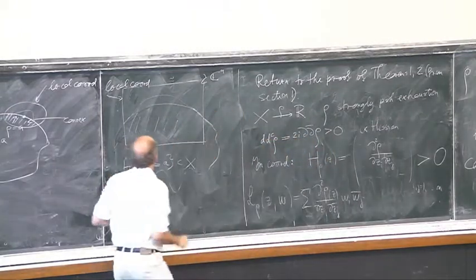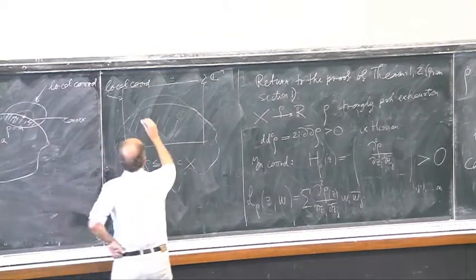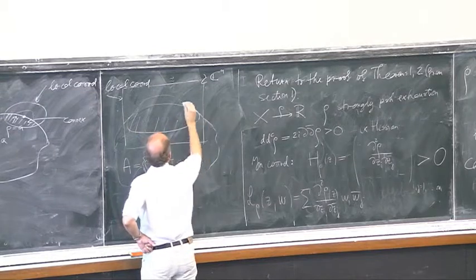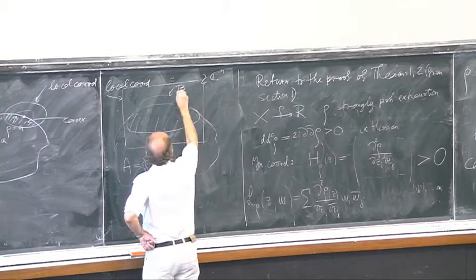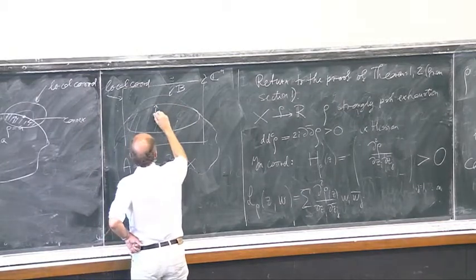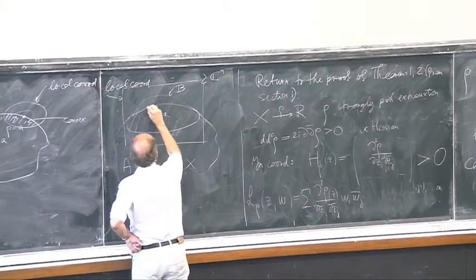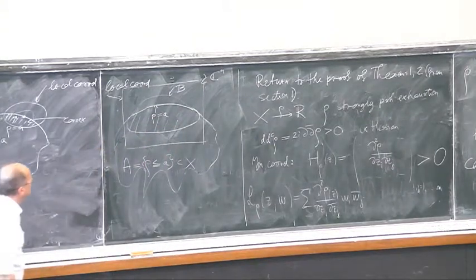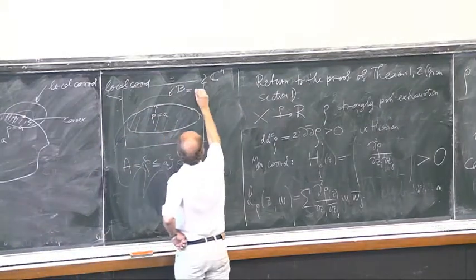You can take some rectangle, and then add to this some kind of figure like this. Let me call this set B, such that this level here is rho equal to a. Such a B is again a convex set, strongly convex.